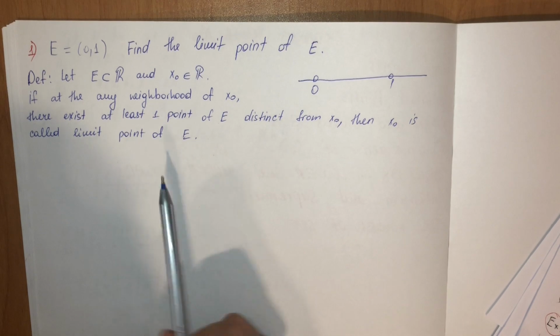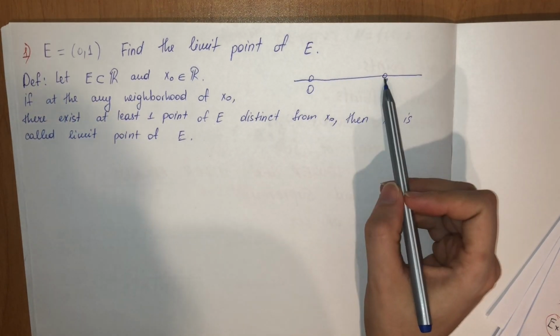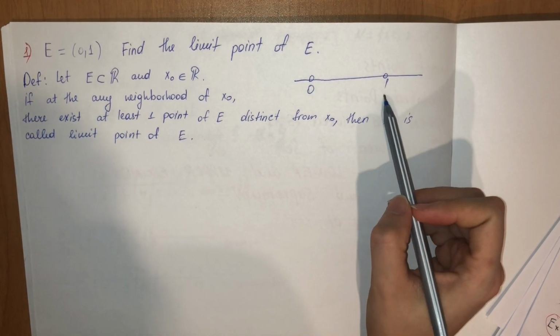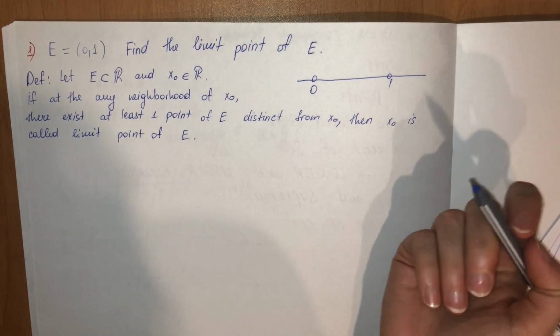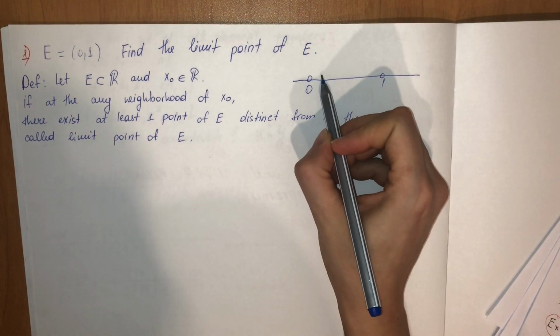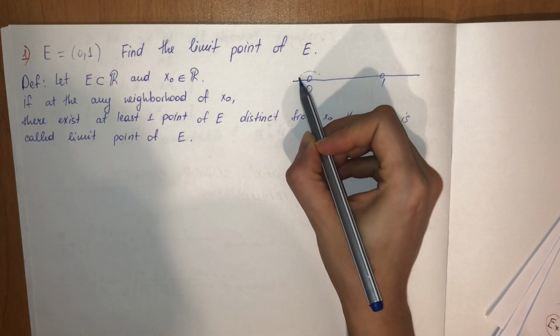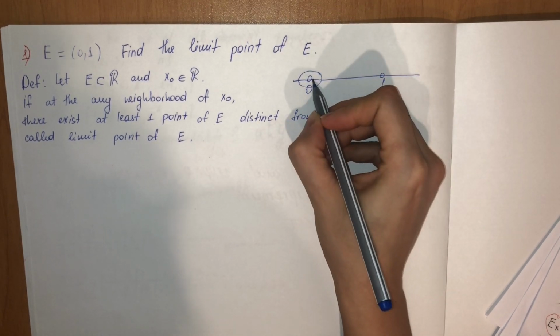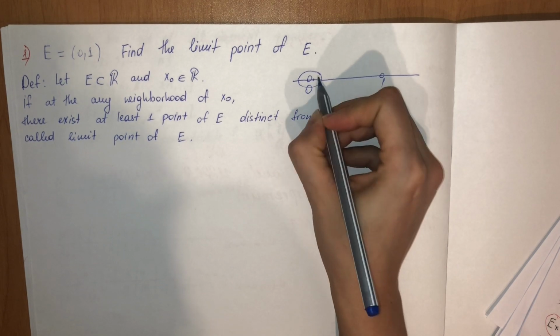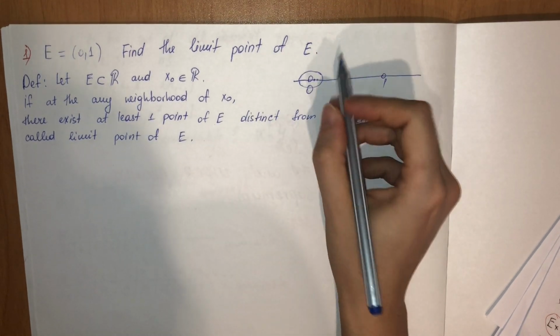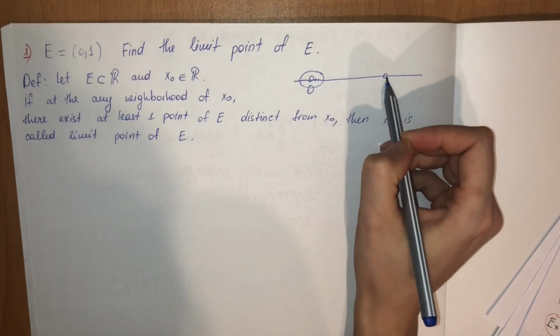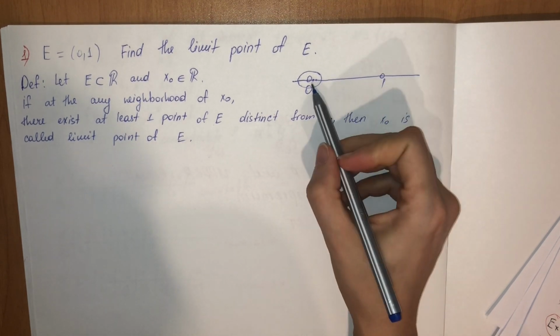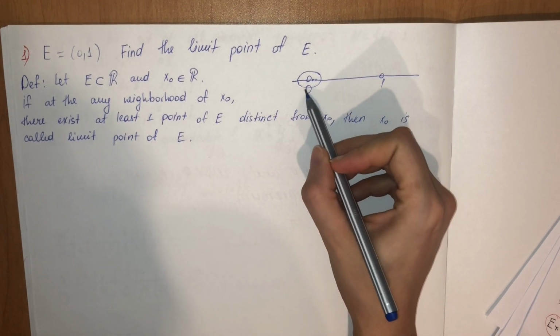of E. So this is our open set (0, 1), and if we draw a neighborhood around 0, we can find at least one point here or here that is from our set but is distinct from 0.